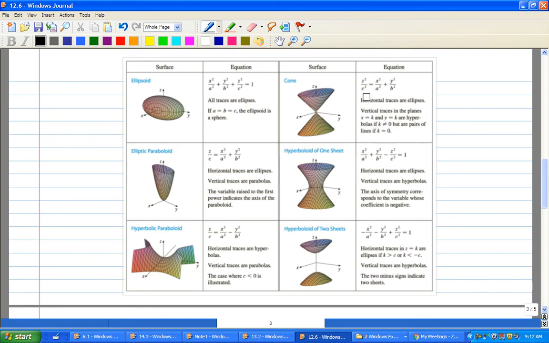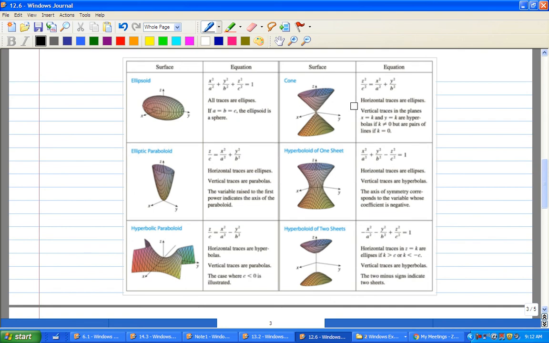Next, z squared over c squared equals x squared over a squared plus y squared over b squared. Then this will be a cone. This is a cone that opens up in the z axis. If instead of a z squared you had an x squared, it would open in the x direction.